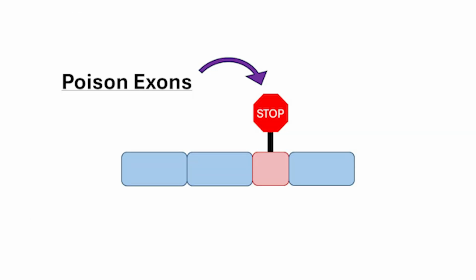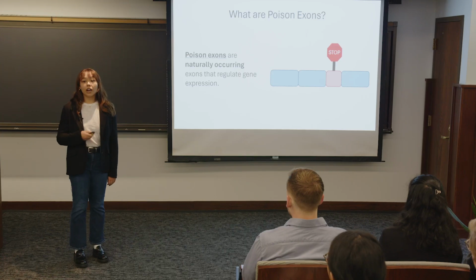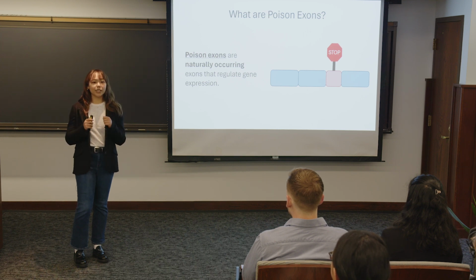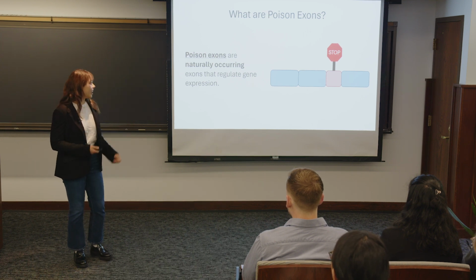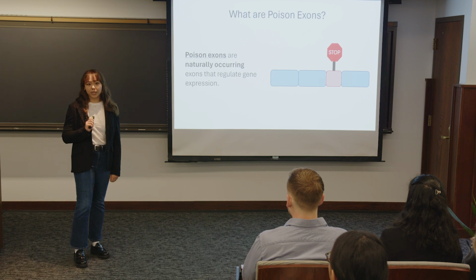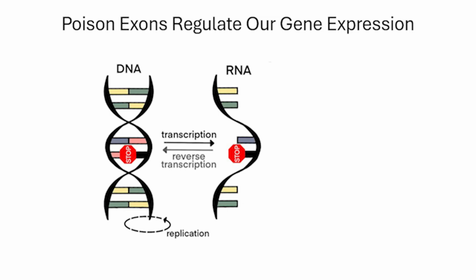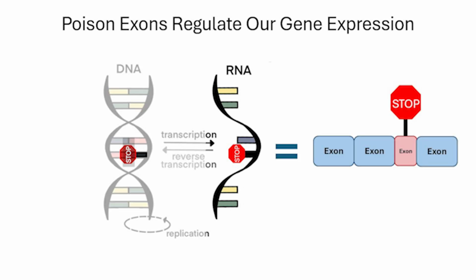And so we have a special type of exon in our DNA called poison exons. Poison exons are actually naturally occurring. This may be the only time where something with the name poison is actually good for us. Poison exons are special because they regulate gene expression. They do this by being incorporated into an RNA at times, and this tells the RNA transcript that now the stop sign is in the middle of the transcript.